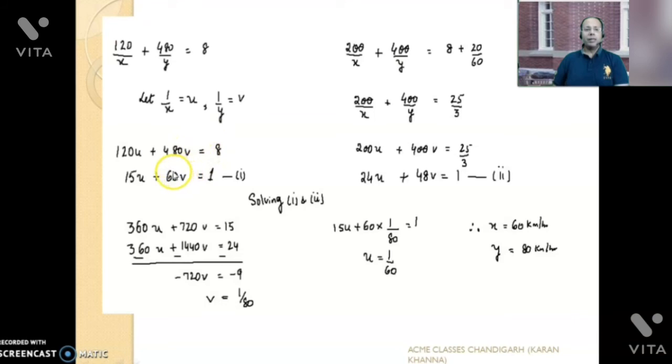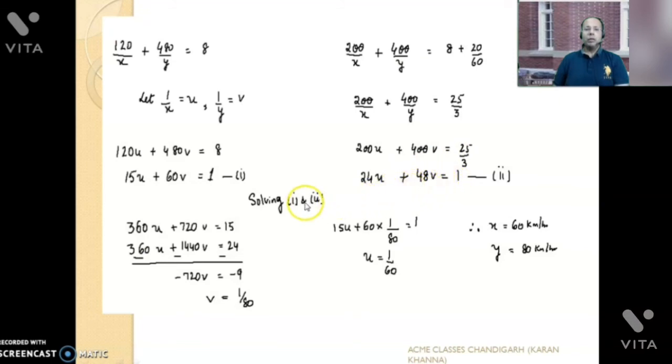Taking out common factors and cancelling, this equation reduces to 15u plus 60v is equal to 1. Similarly, 200 upon x will become 200u, 400 upon y will become 400v, and 25 upon 3 will remain as such. Now, cancelling out the common factors, the equation reduces to 24u plus 48v is equal to 1.